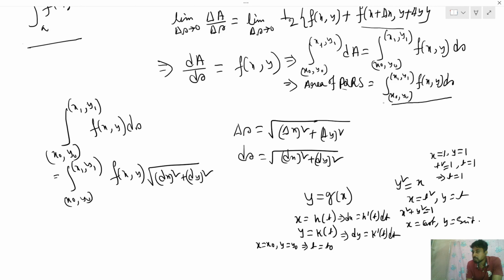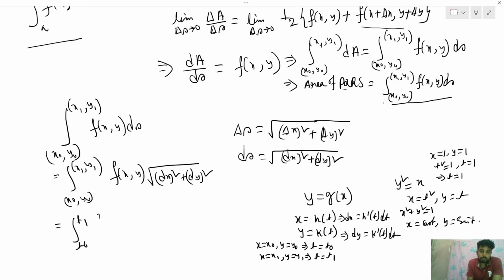So for x equal to 1 and y equal to 1, we get a value of t equal to 1. So here for x equal to x0 and y equal to y0, we get a value of t, I consider this is t0. Similarly, when x equal to x1 and y equal to y1, we will get a value t, and that is t1.